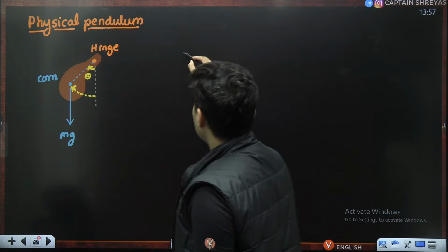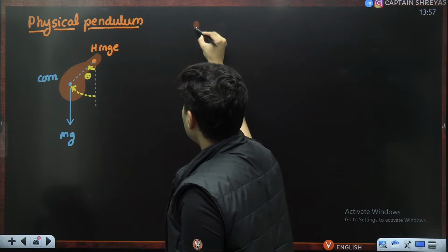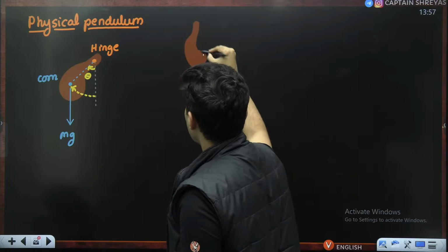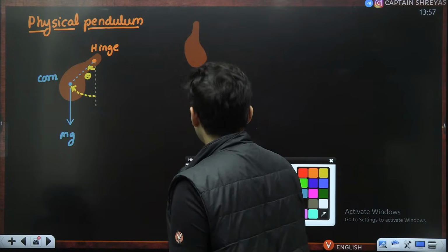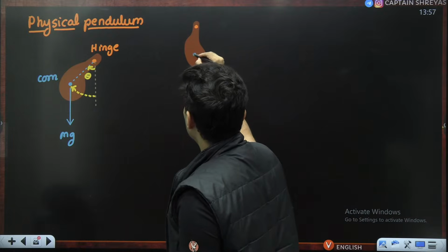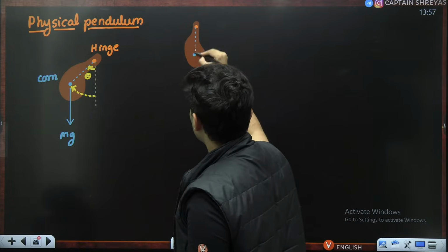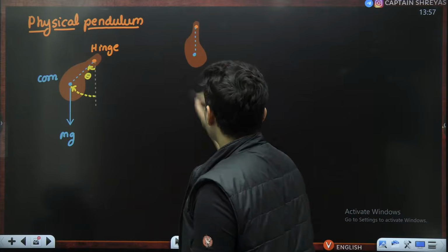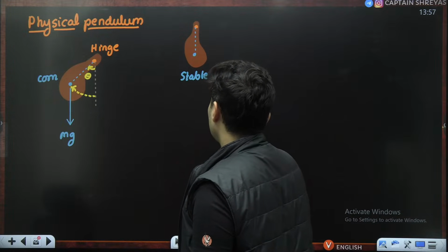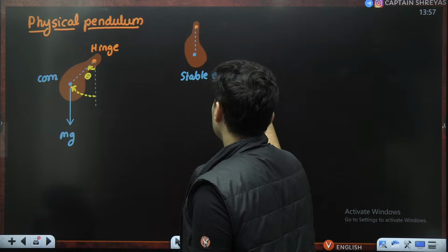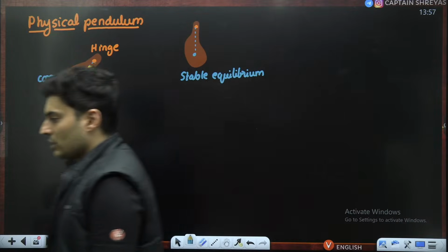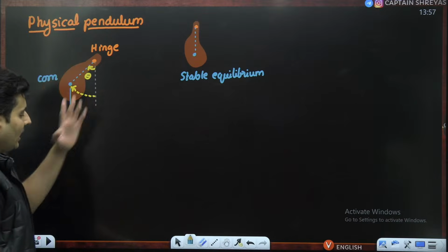If that same mass was like this over here, the center of mass was here, then this would be stable equilibrium. From its stable equilibrium, you have moved it. So definitely, it's going to try and come back.